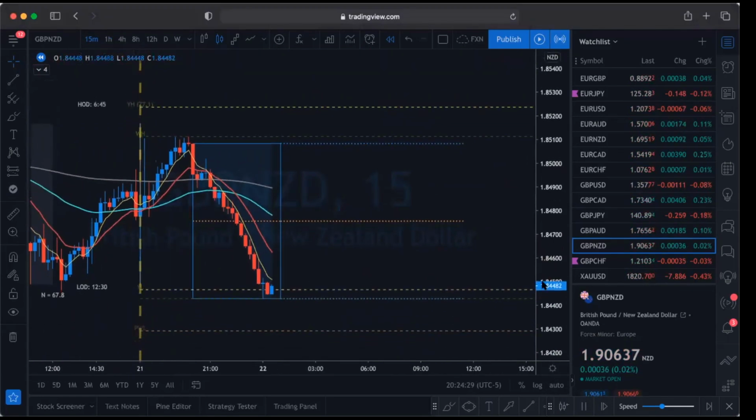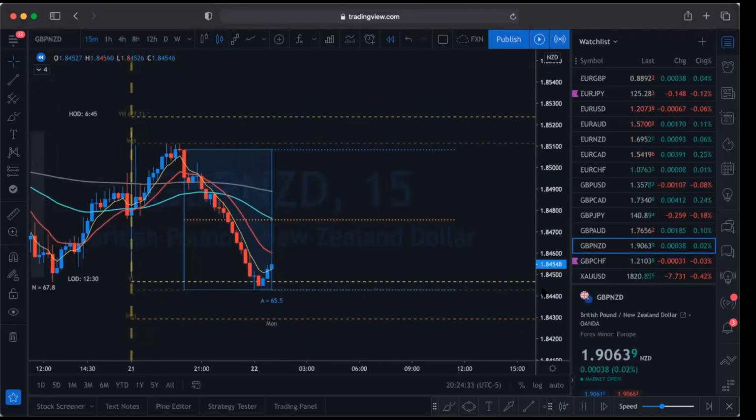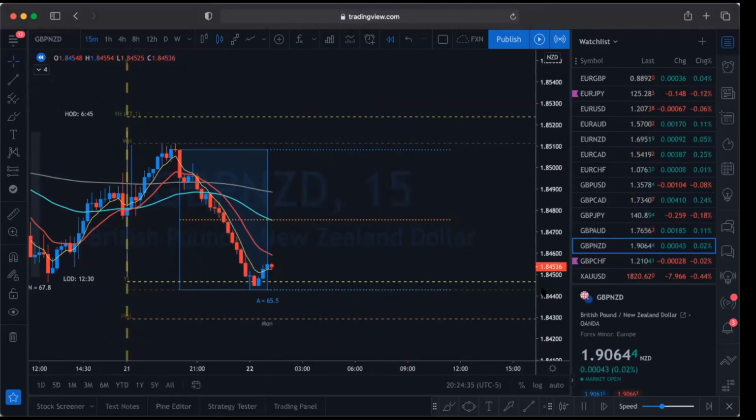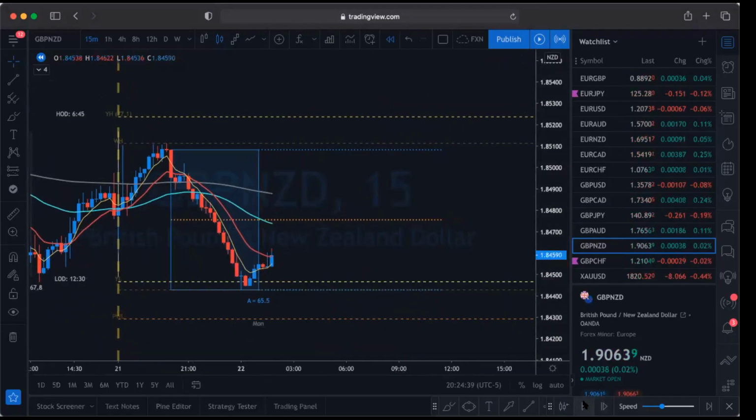For those of you that don't know, pound NZD typically has a pretty big Asian range, normally of at least maybe 50 pips.